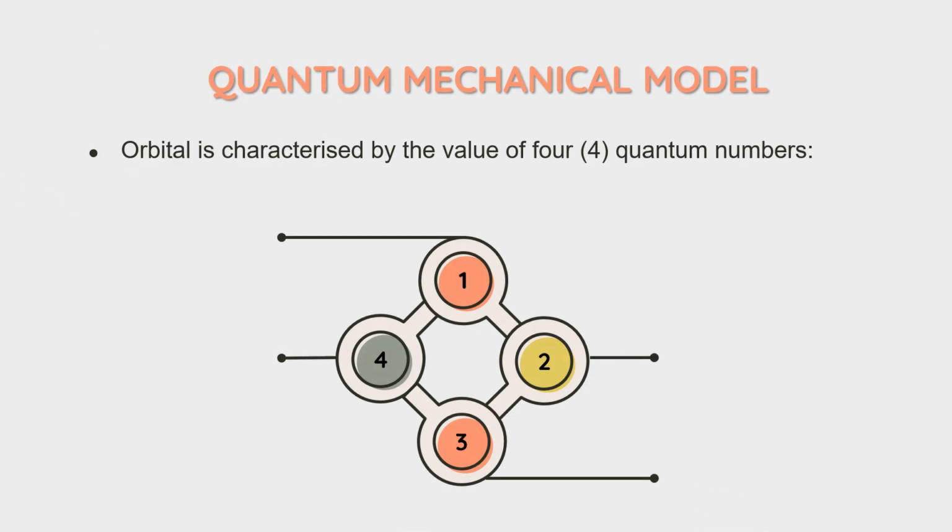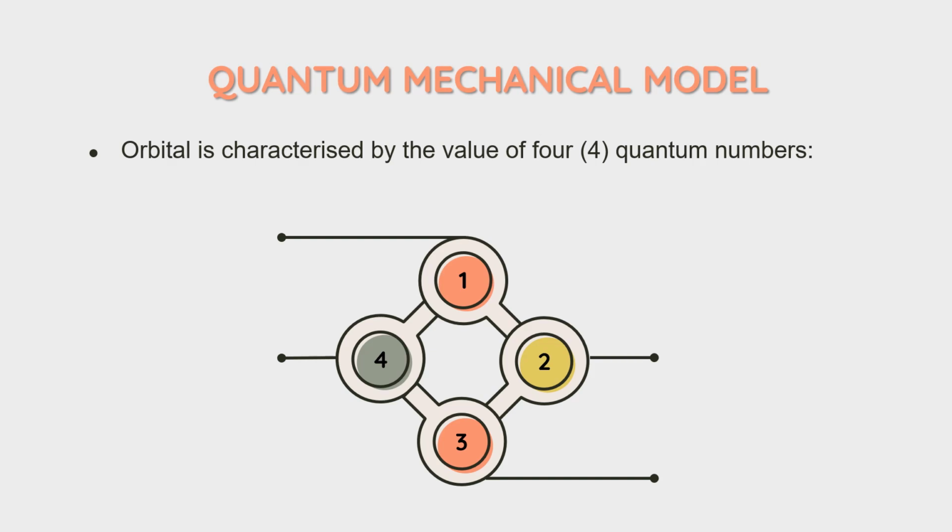The quantum mechanical model studies the region in space in an atom where there is high probability of finding an electron. Okay, so model ini mengkaji tentang ruangan-ruangan di dalam sesuatu atom di mana kebarangkalian untuk kita jumpa elektron adalah tinggi.